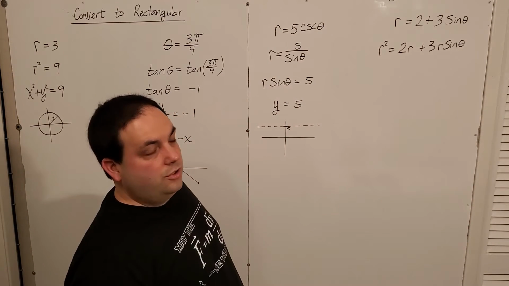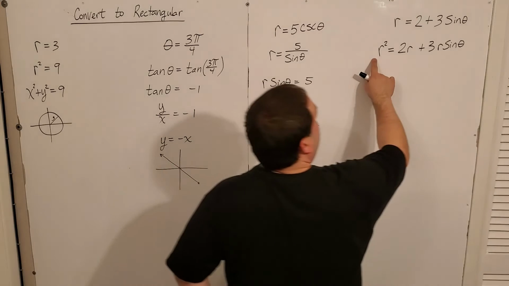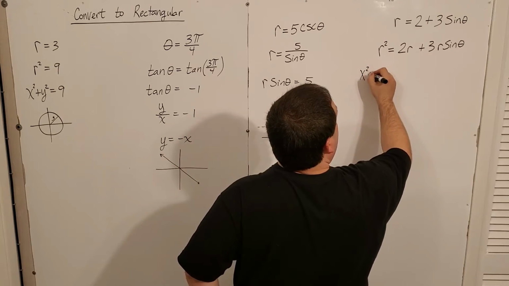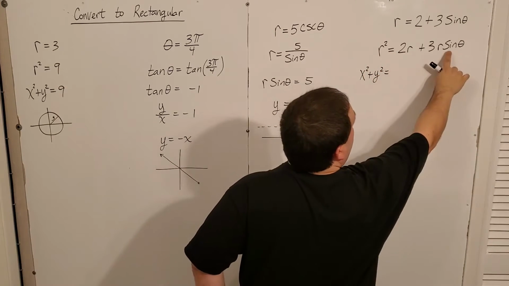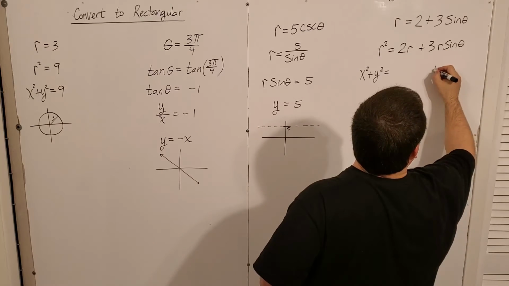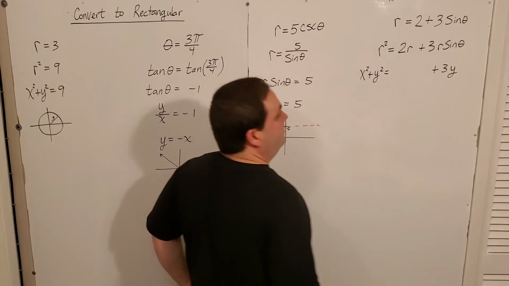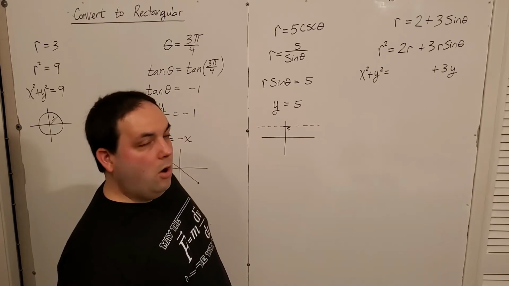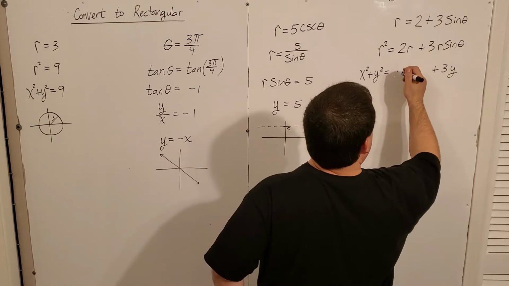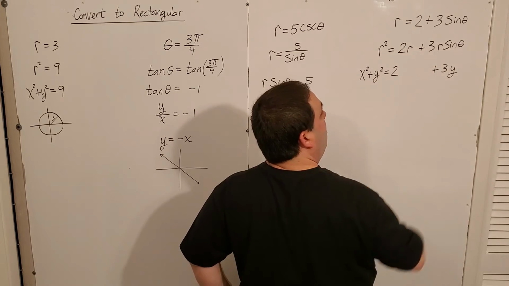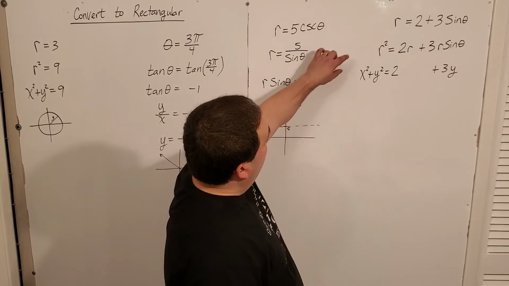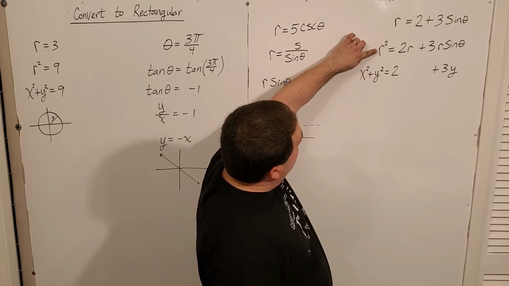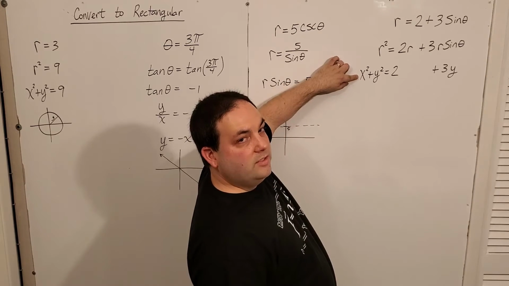Now 2 of those you should recognize right away. r squared is x squared plus y squared, and r sine theta is y. What about the 2r though? 2 is there for sure, but what is r equal to? Well, remember, r squared is equal to x squared plus y squared.